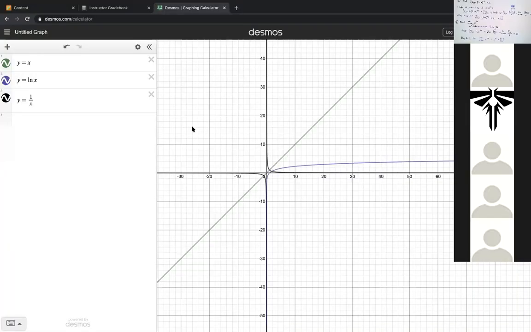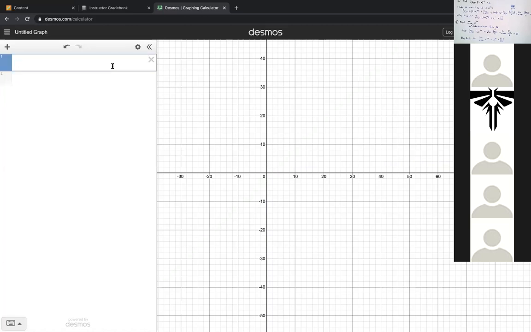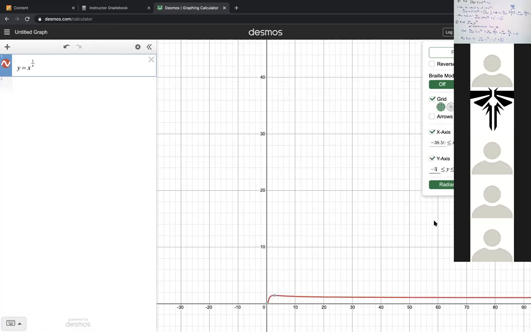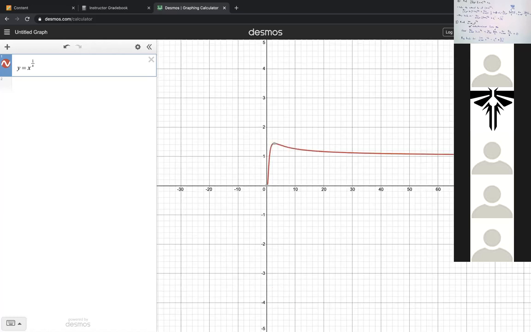Let's go ahead and take a look at the graph to confirm. Okay, so let's clear off this mess from before and just look at x to the 1 over x power, and maybe adjust the y range. Something more reasonable.